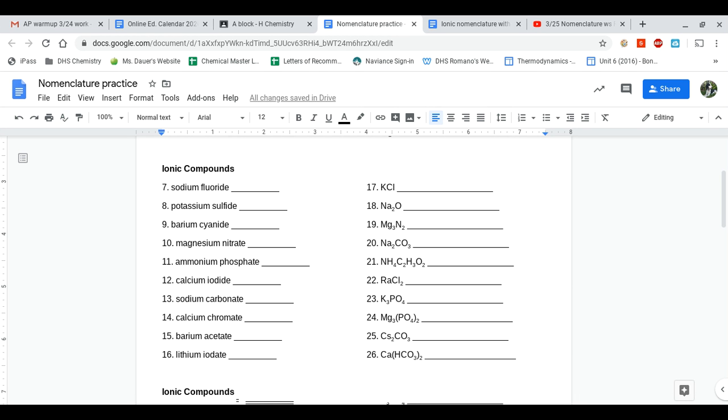In order to do this, we need 3 of our ammonium polyatomic ions. So what this is going to look like is parentheses NH4, end parentheses 3, PO4. So you should have 3 of your ammoniums. That gives you a total of plus 3 on your cation side. That balances out with your 1 negative 3 charged phosphate.